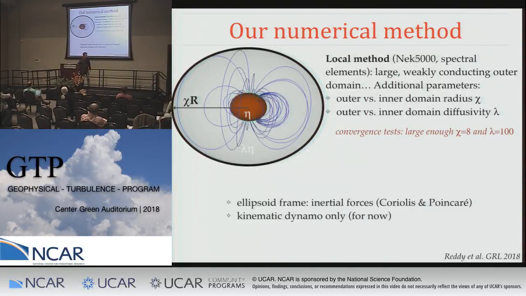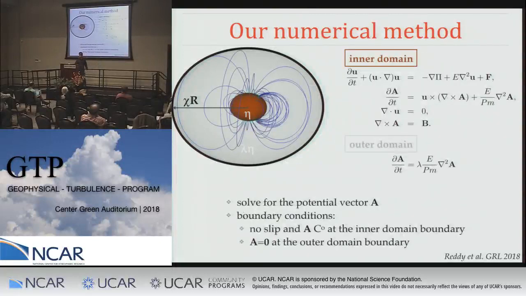We work in the frame of reference where the container is fixed because it has an ellipsoidal shape, so we don't want it to move. Then we add the Coriolis and Poincaré forces, and we solve for the kinematic dynamo up to now. Again, we solve the Navier-Stokes equation only in the inner domain. The outer domain is motionless, but it is conducting with a high magnetic diffusivity.